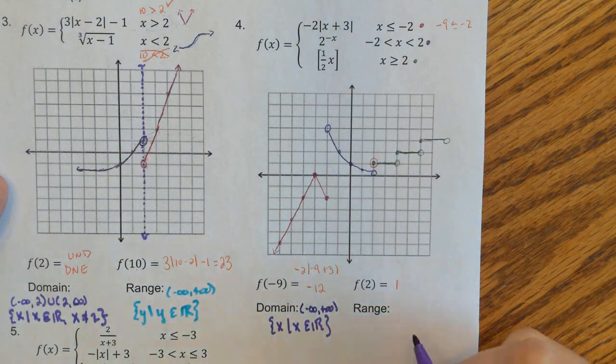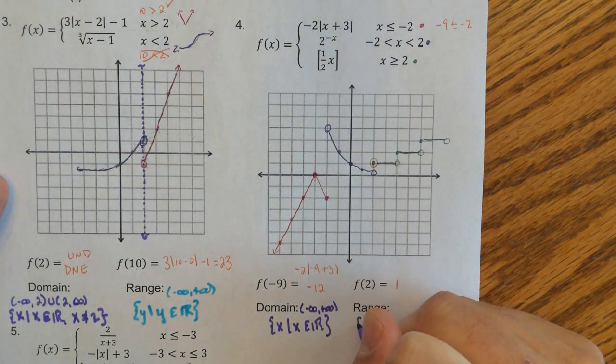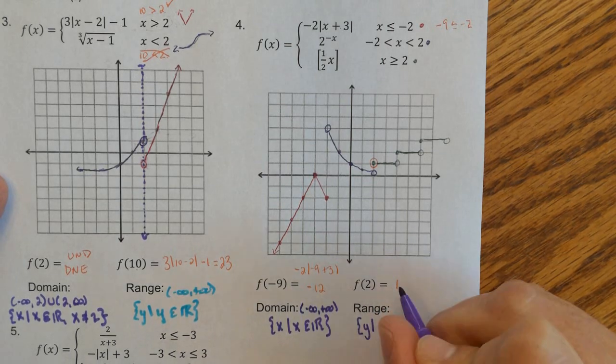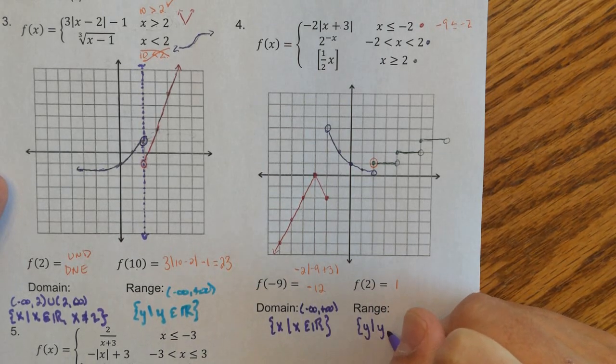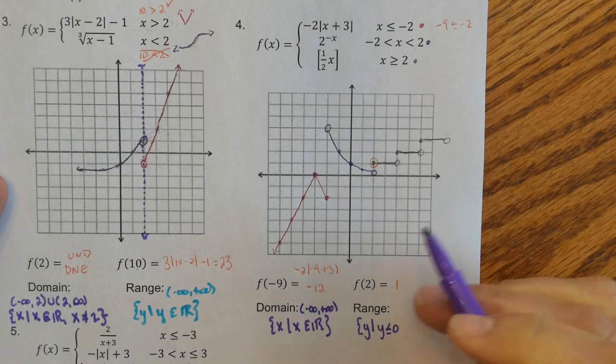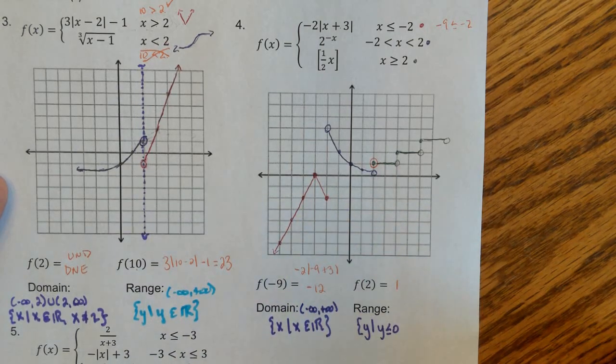So you're going to have the set of all y's such that y is less than or equal to 0. So that's for our absolute value.